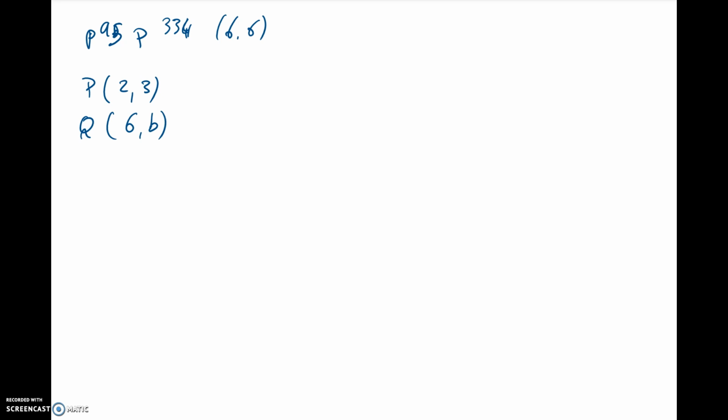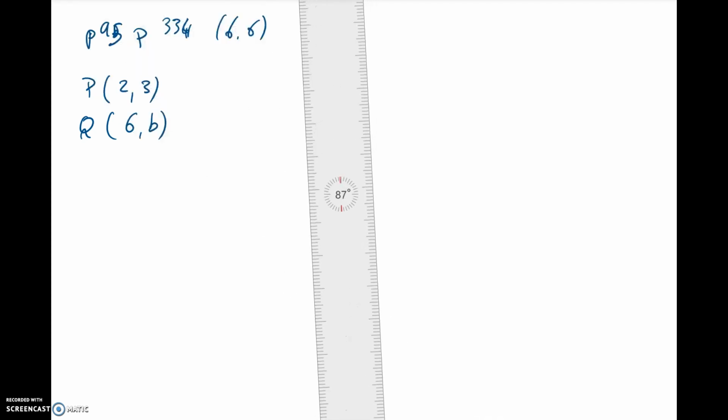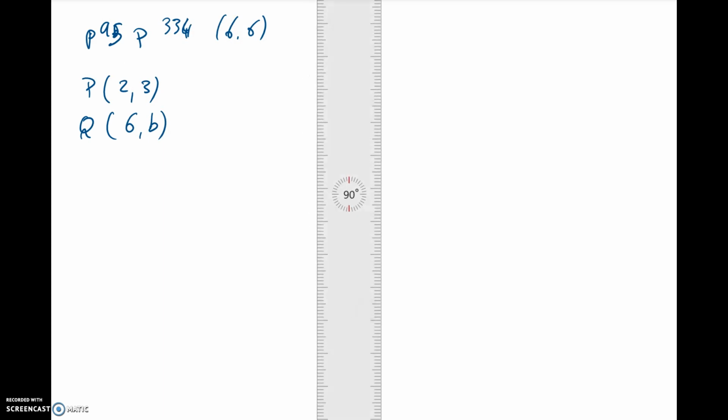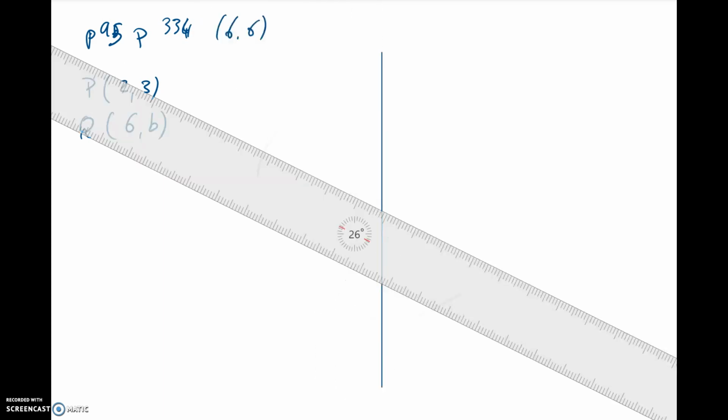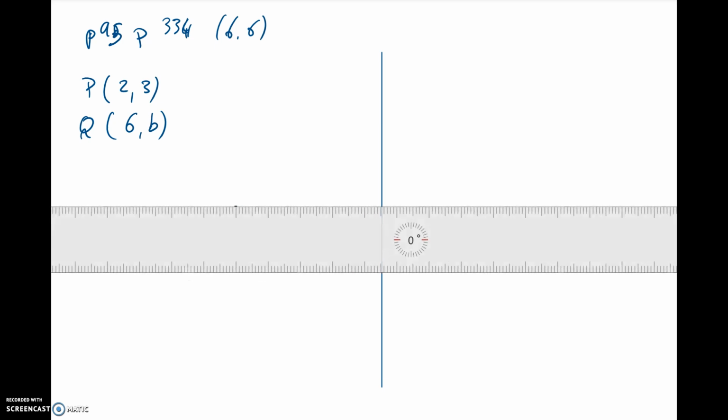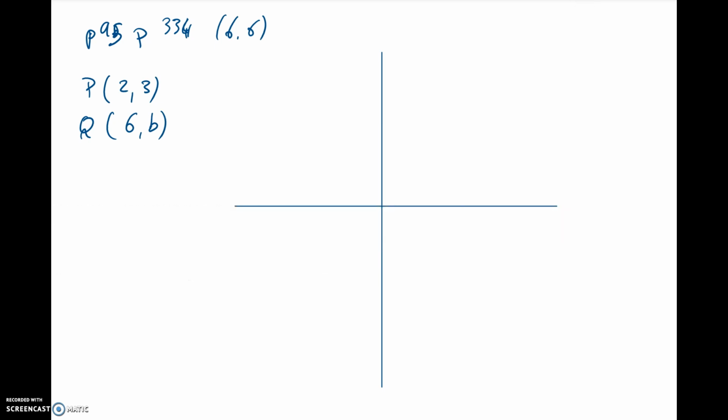So you are going to have a rectangular coordinate system, with the x-axis right here. What is the line which is going to be parallel to the x-axis, but going through the points 2, 3 and 6, b?